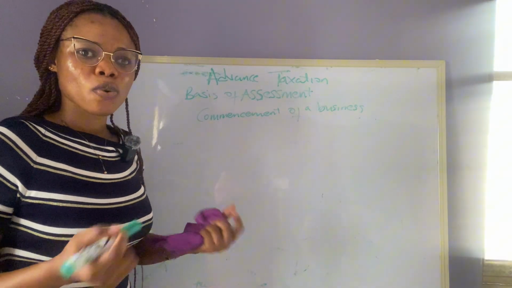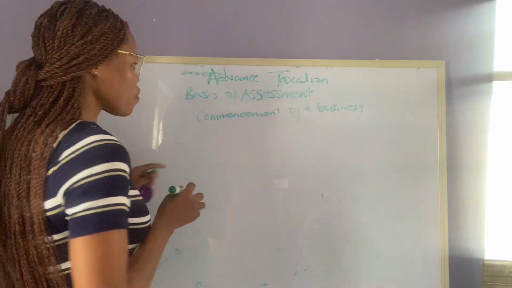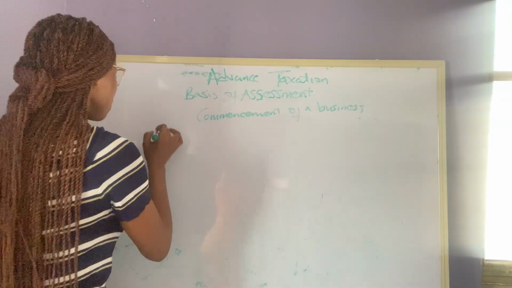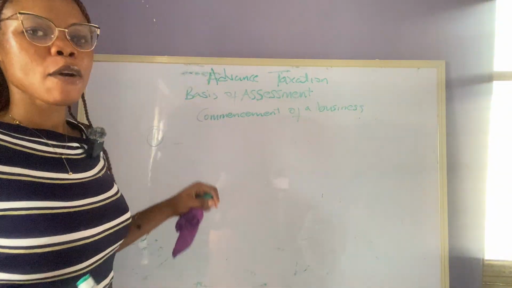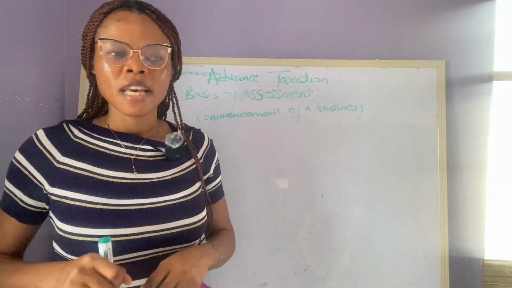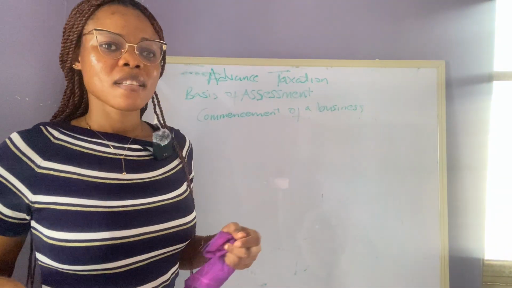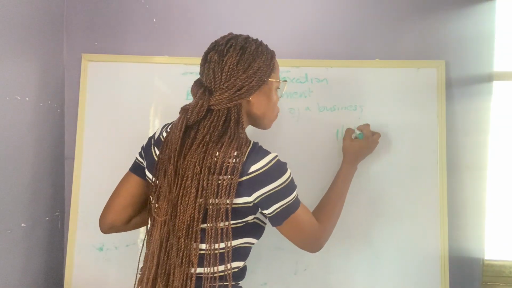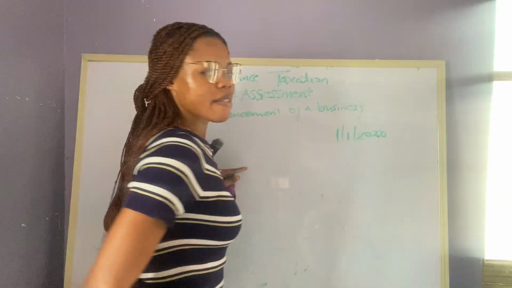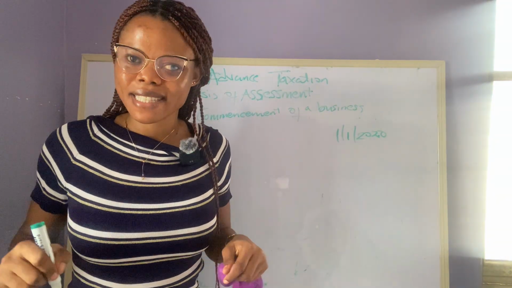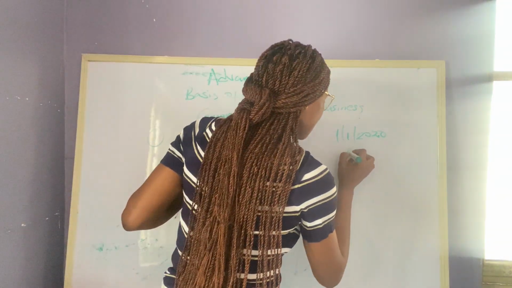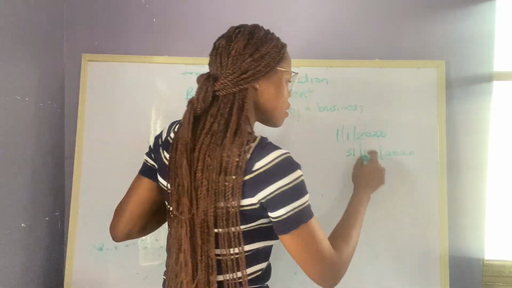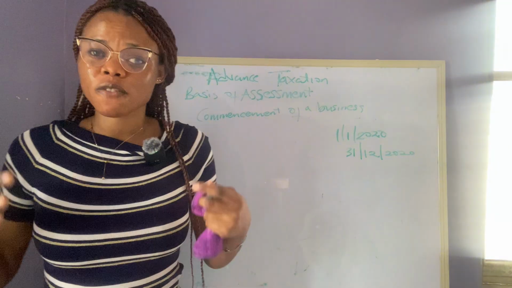For us to compute the basis period, first of all, we start from the year in which the business commences operation. For instance, let's say a business commences operation on 1st of January 2020, and the accounting year end is 31st December, every 31st of December.